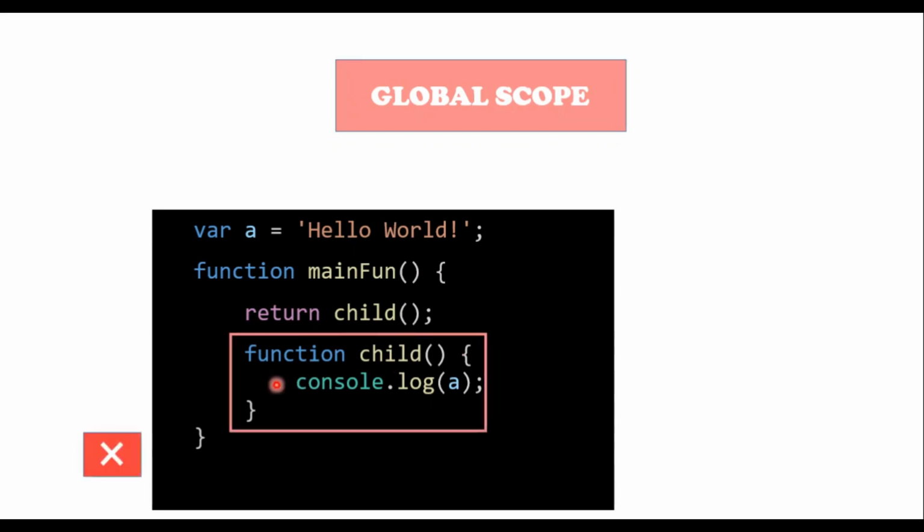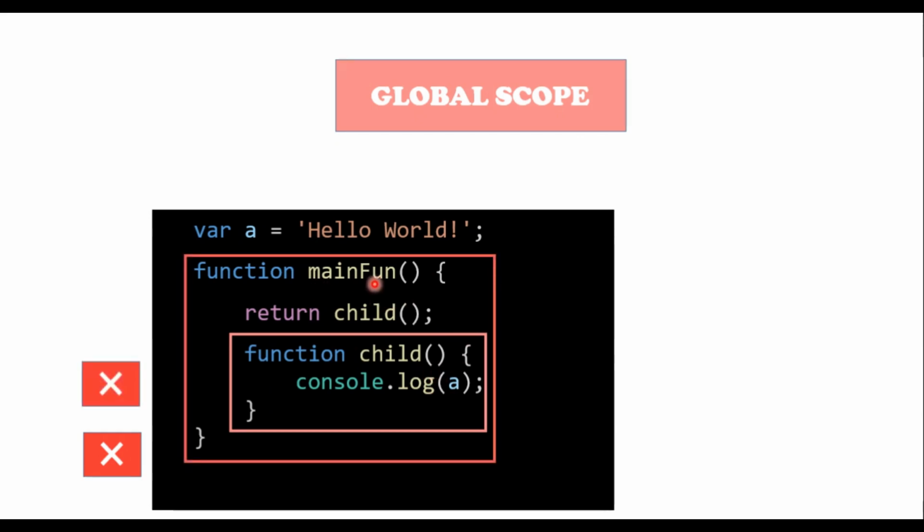Here we have this console log a. It will look for this a in this function, and we don't have this a here. So it will go upward to this main function, and check for this a in this main function. And the unfortunate thing is we also don't have this a in this scope.